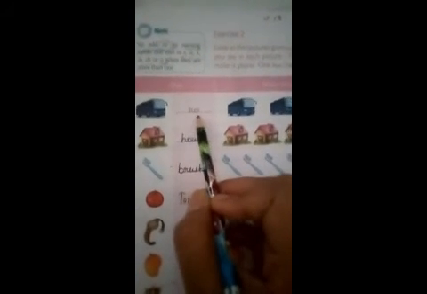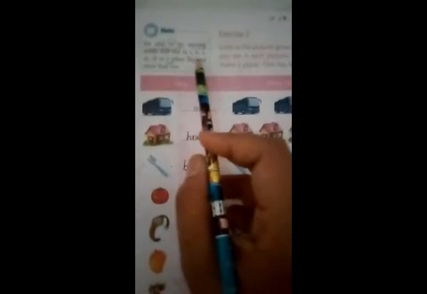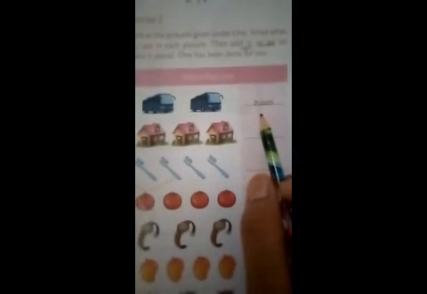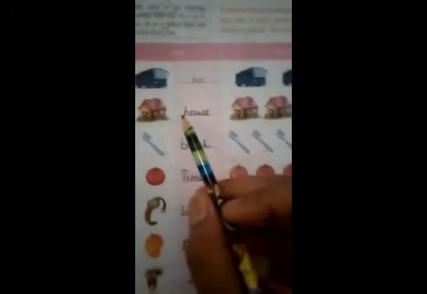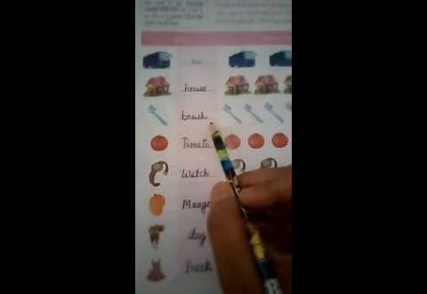This is bus, B-U-S, bus. So see, this spelling ends with S. So as I told you, if any spelling ends with S, double S, X, SH, CH or O, there you have to put ES. So it will become buses. So this is house, brush.